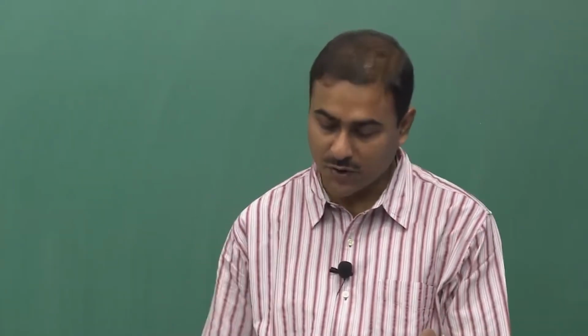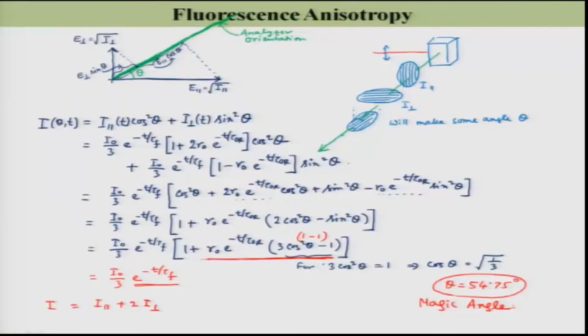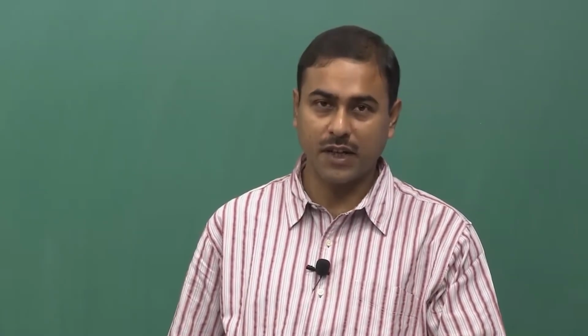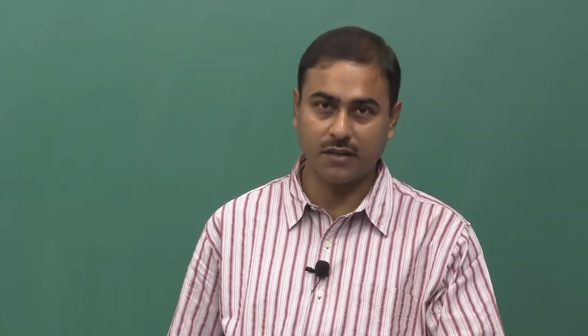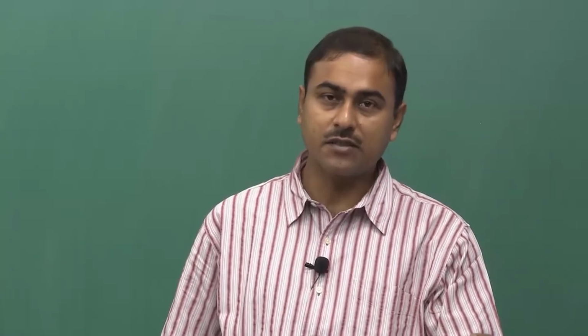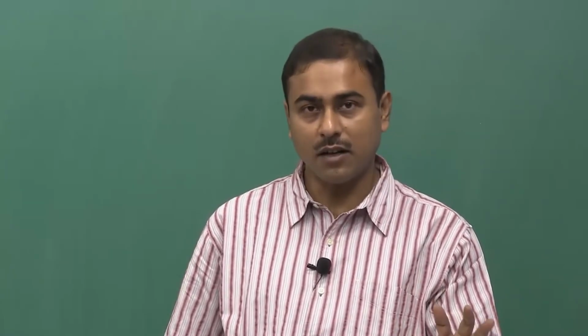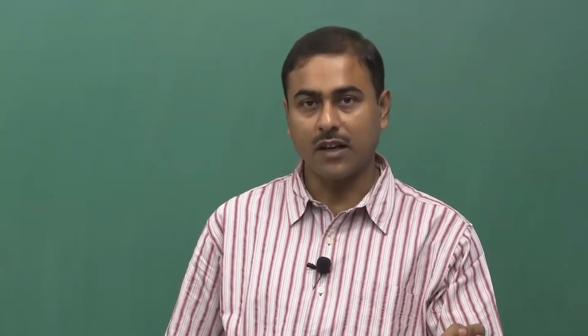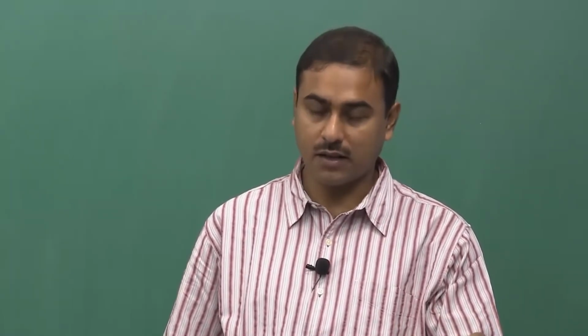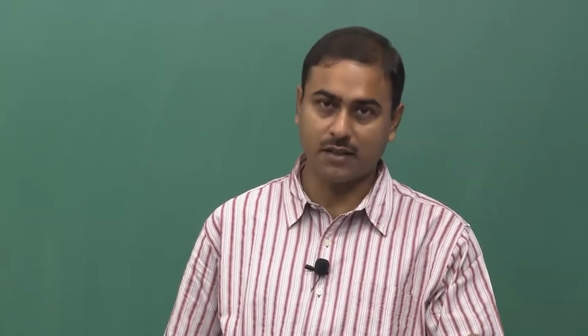Now, here is one point I should tell you. Sometimes you will see that people are measuring the lifetime without the magic angle polarization. That means everything is wrong, or under some condition the lifetime measured without analyzer is okay.